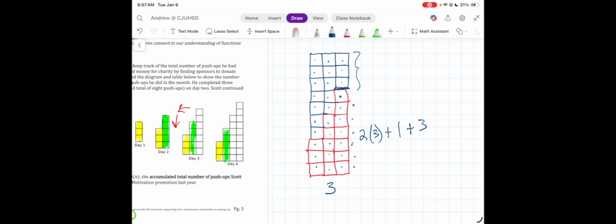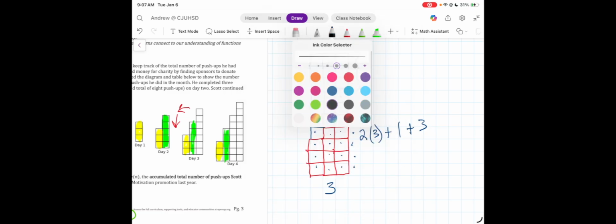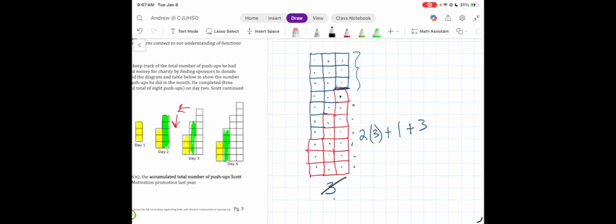Now here's what we're going to do. We're going to change 3 to n. So let me change color here. We're going to go n. We're going to change this to n. Okay.